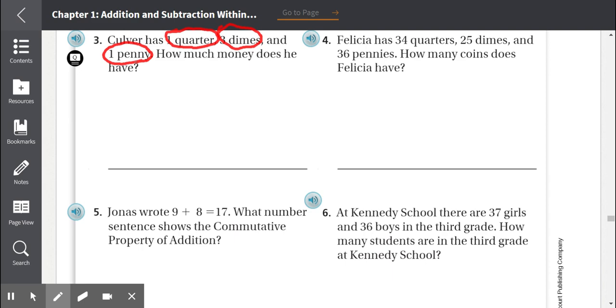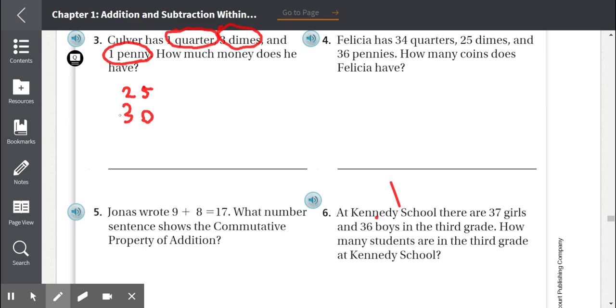We know 1 quarter is 25 cents. So that's 25 cents. Now let's add the dimes. 3 dimes. 1 dime equals 10 cents. So if we have 3 dimes, 10 plus 10 plus 10 equals 30 cents.